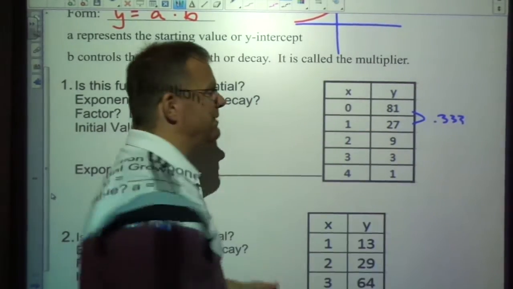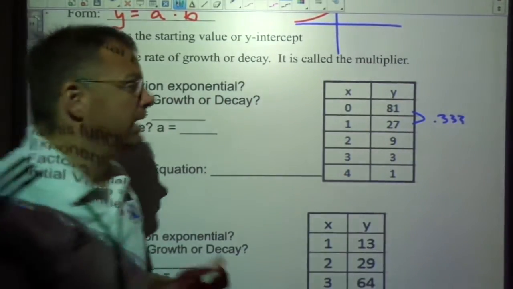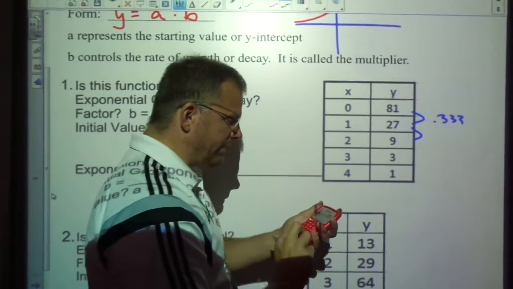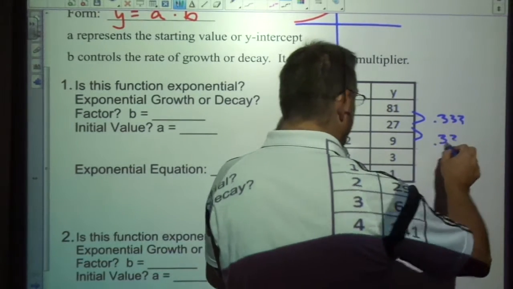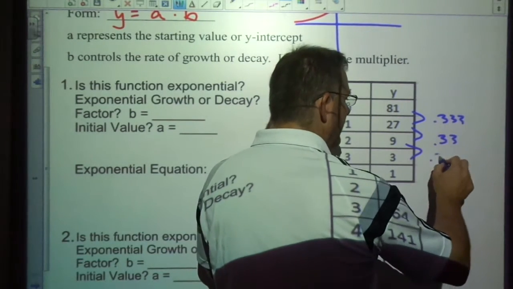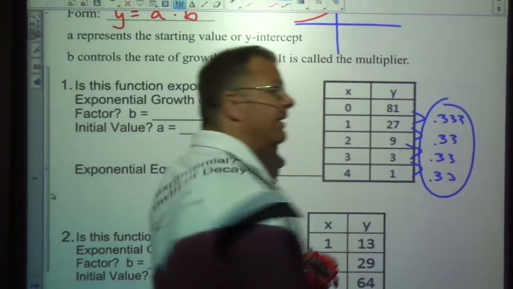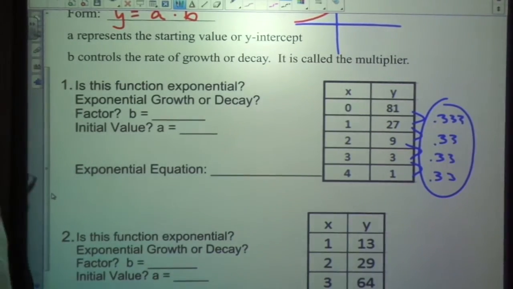So the 27 had to be multiplied by 0.33 to get to 81. I'll check this the same way. 9 divided by 27. 3 divided by 9. 1 divided by 3. If that's the same, then it has a constant multiplier. Okay? And so that's what tells us this is an exponential function.